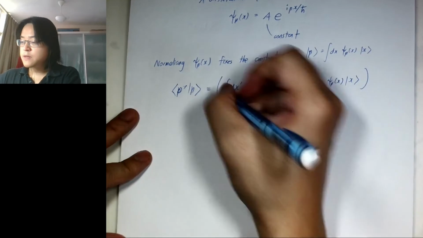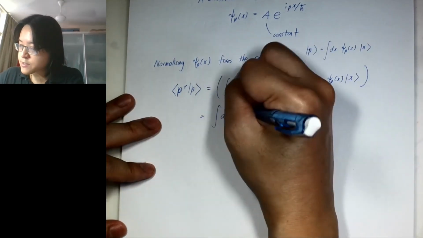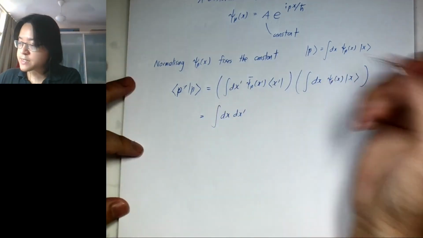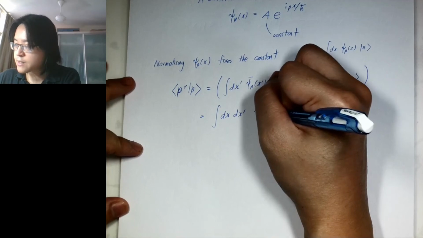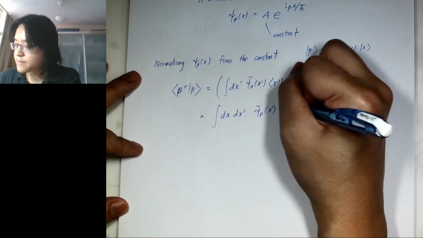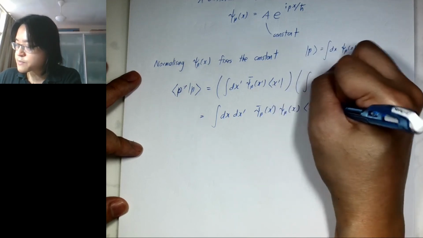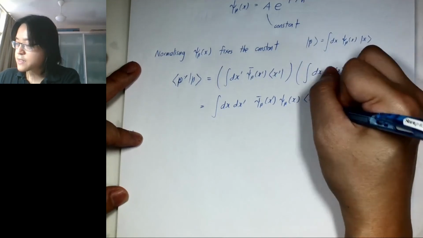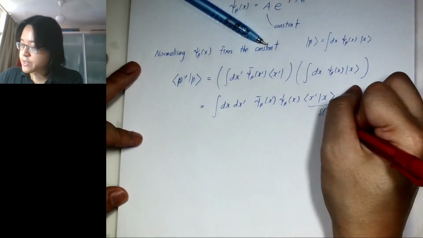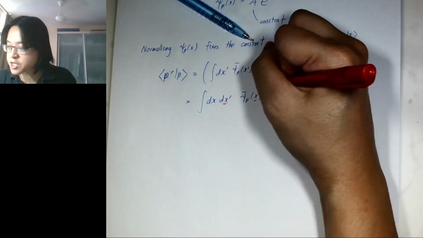Okay, so that means what we have here is integral dx prime, and then I got this times this, so we got this bar p prime x prime, and then this x here, and then x prime with x. So this is my delta function, right? So if I integrate over x prime here using the magic of the delta function, it will change this into my x.